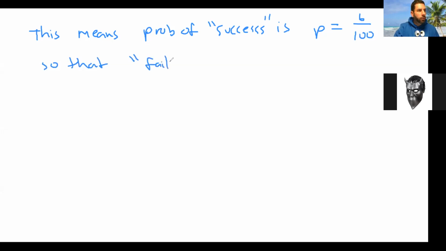And then what is failure? Failure is 1 minus p, which for short would be 94 over 100. Notice I'm not using percents. I'm using their numerical equivalent. Now, maybe you don't like 6 over 100. Maybe you want 0.06. That's fine too.